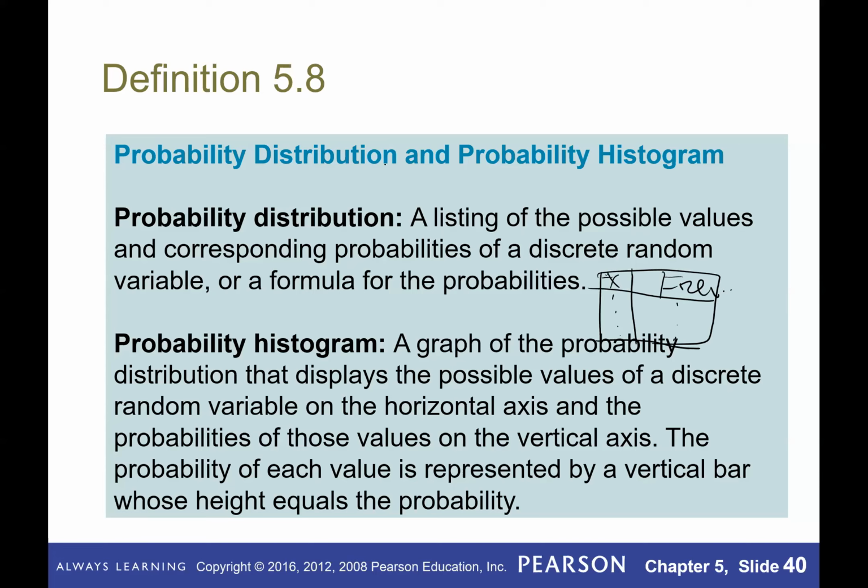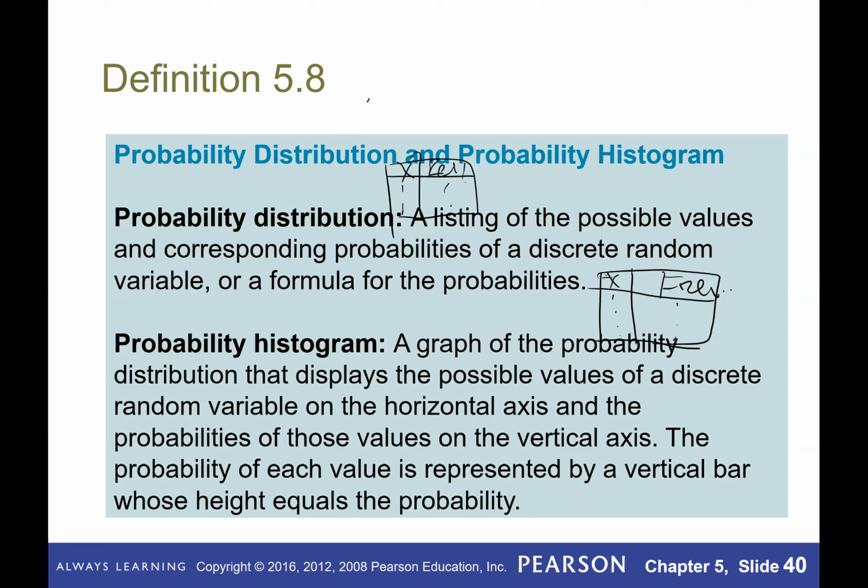And for relative frequency distribution, we listed the values of x in the first column, then we listed the relative frequency in the second column, right? Yeah, that's correct. So similarly, for the probability distribution we list all the possible values of the random variable in one column, and in the second column we list the corresponding probabilities, because this is a probability distribution.